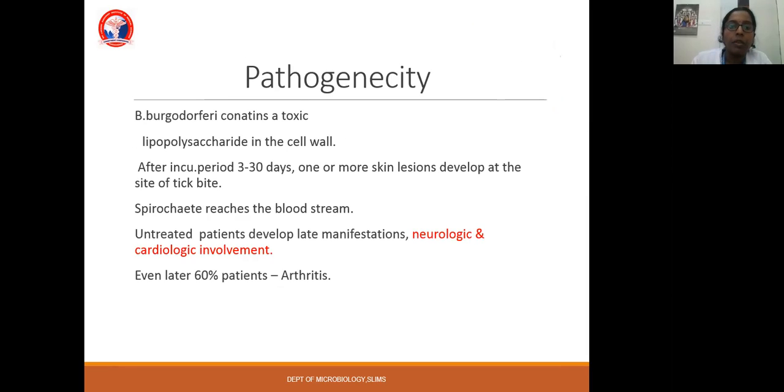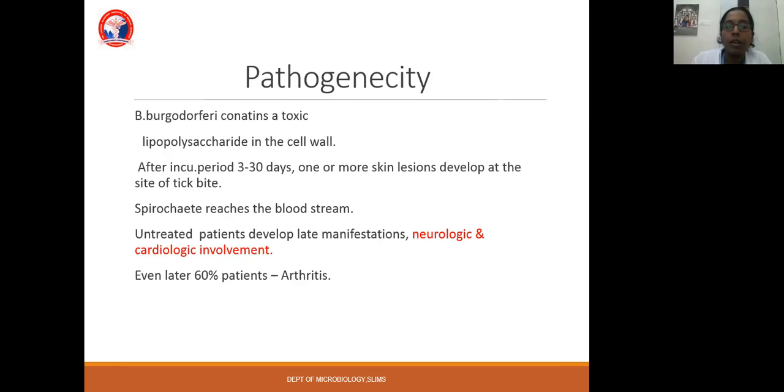In Lyme disease, Borrelia burgdorferi has a lipopolysaccharide cell wall. The incubation period is around 3 to 30 days. One or more skin lesions develop at the tick bite. After that it reaches the bloodstream.